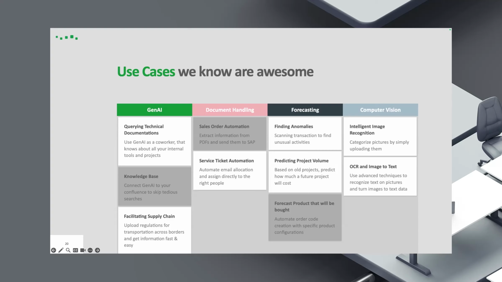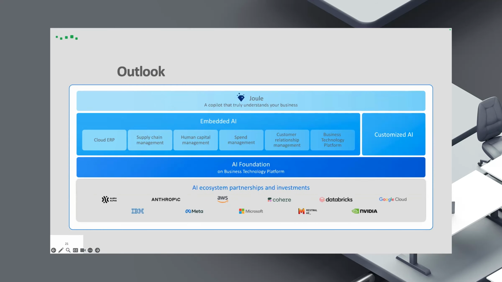All right, and then coming to the final slide, a very short outlook. We have also seen a similar picture before. I think Joule will be a big topic in the end, because it gives the possibility to ask questions across the complete SAP portfolio.